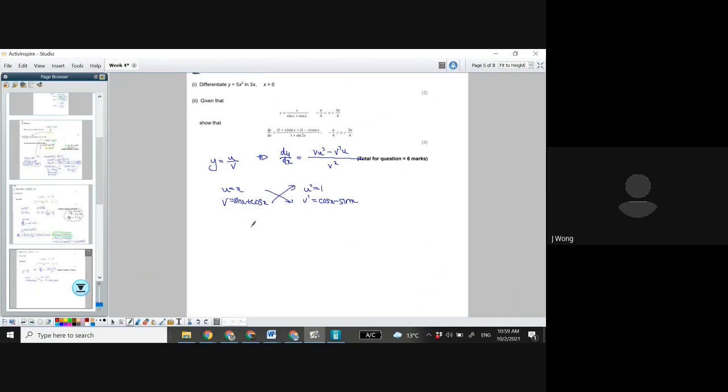So we will have dy by dx as v squared, so sine x plus cos x all squared, and we have v u dash, so sine x plus cos x multiplied by 1, subtract x times cos x minus sine x.